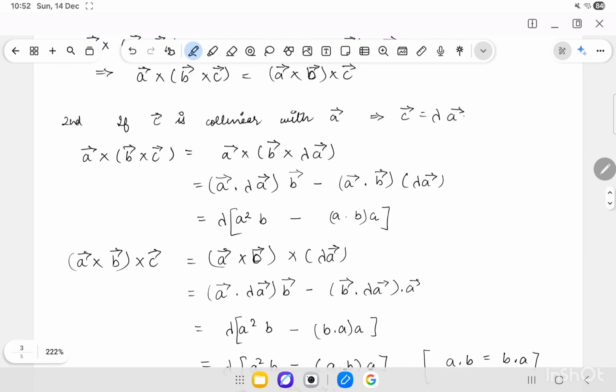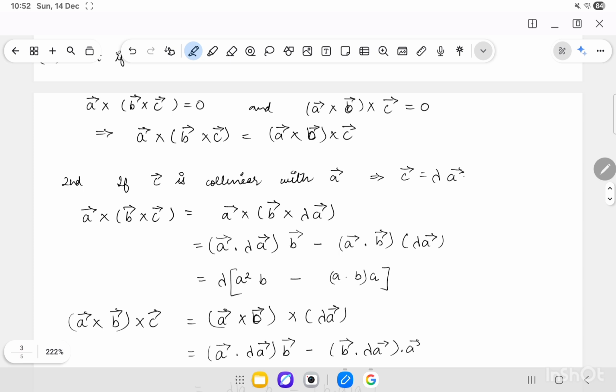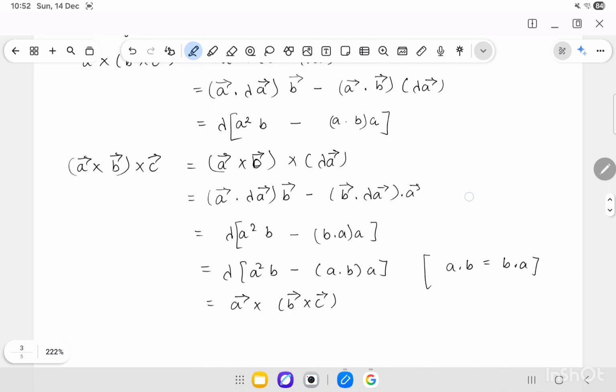So if this condition holds, that is, C is collinear with A, then also the given relation holds.